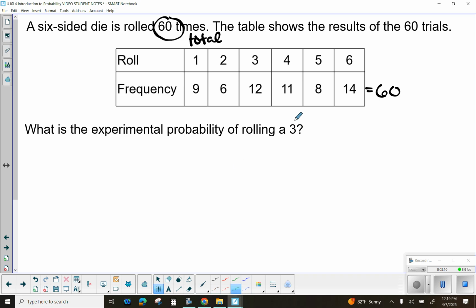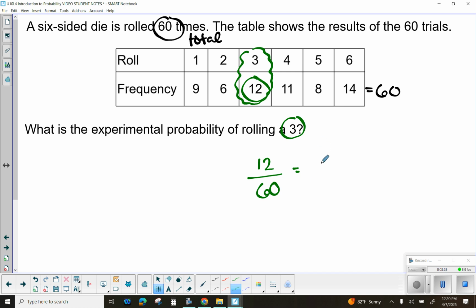This time, they considered 3 a success. They got it 12 times. So they rolled a dice 60 times total, and 12 of those 60 they got a 3. So all we're going to do is reduce that fraction.